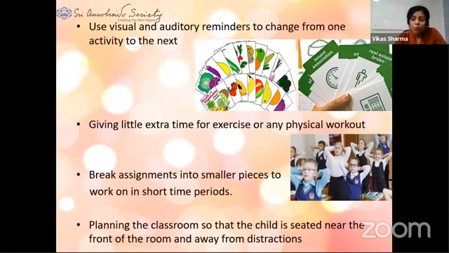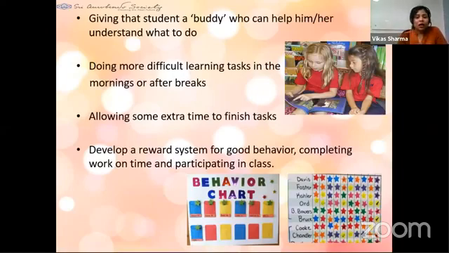This is a very important point, because the child will definitely benefit. As a result, he or she will be able to attend to whatever you are saying in the class. Secondly, he will definitely be able to copy from the board, and maybe he's able to answer well in the further class.